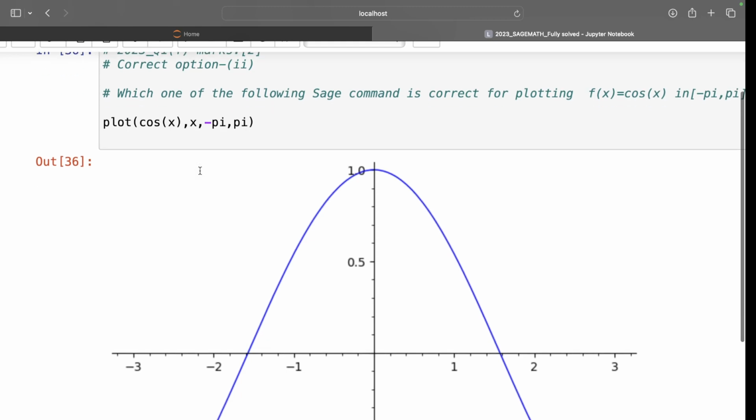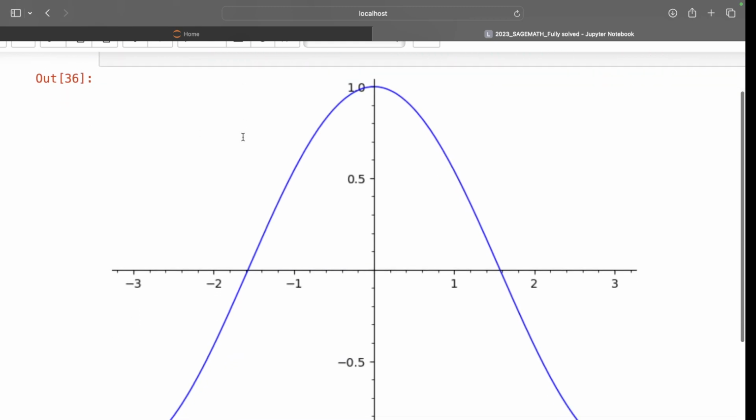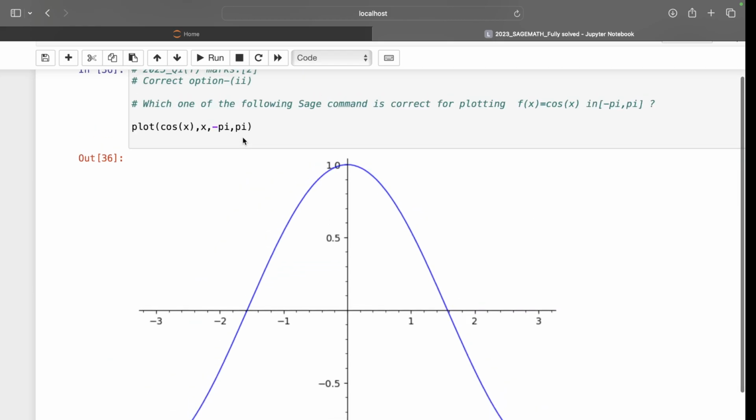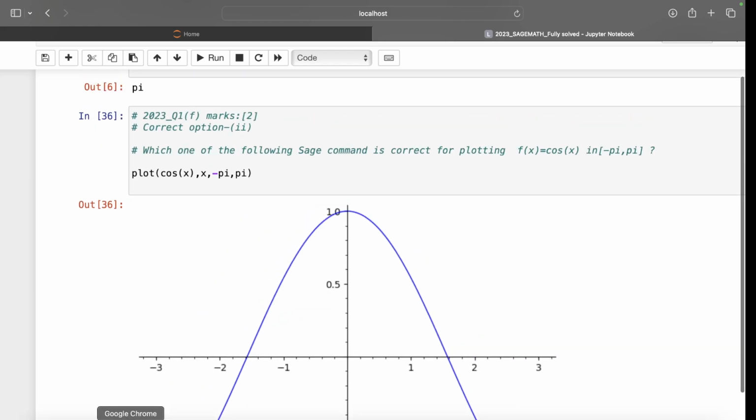Plot cos x comma minus pi to pi, you can get this picture. So the correct option is 2.